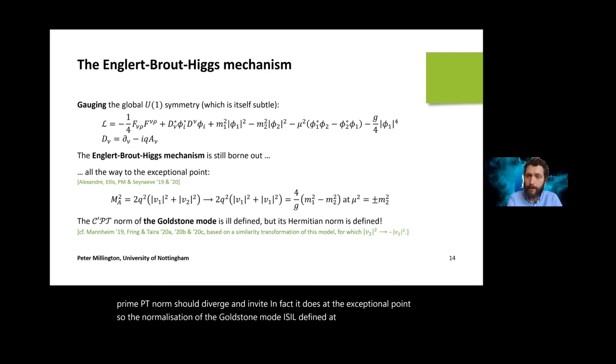So how can it be that that mode gets eaten up to become the longitudinal polarization of the gauge boson? Well, I think the resolution here is that these exceptional points have to be treated distinctly. In fact, at the exceptional point, that Goldstone mode can be normalized with respect to the standard Hermitian norm, and everything is well defined. And so it still can be eaten up by the gauge boson to become its longitudinal polarization.